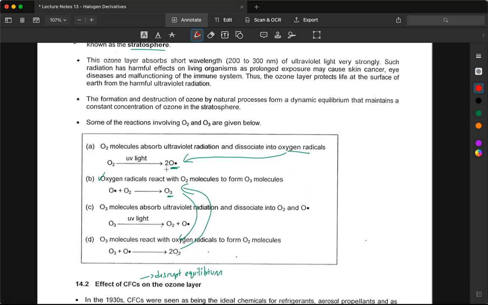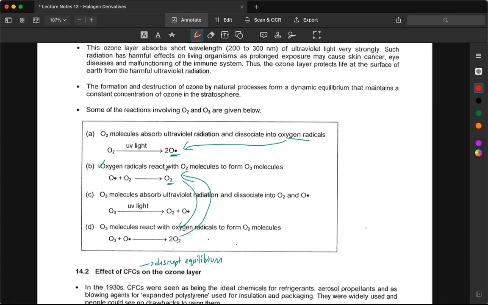So the UV light breaks the covalent bond between oxygen atoms, and the oxygen radicals attack another oxygen molecule to form ozone. Okay? And then this ozone is broken down to form O2 and an oxygen radical.